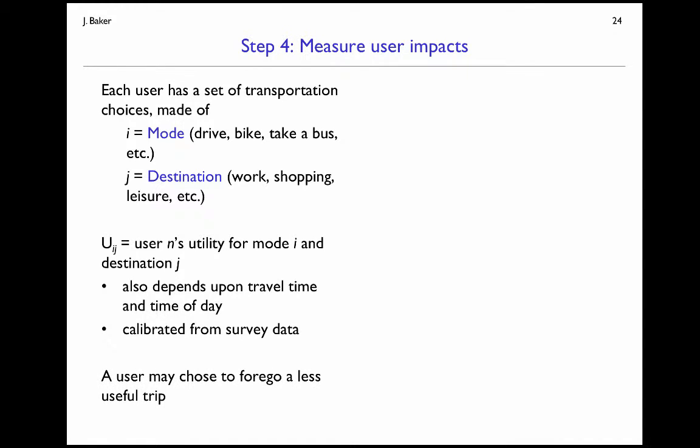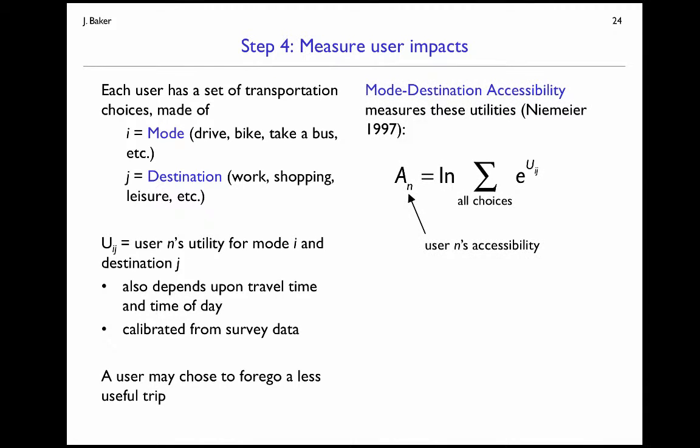A couple other notes. Depending on when the user travels, that will affect their utility. They have times of day they'd prefer to travel, but they would move to a different time if the traffic is better, or the travel times are less. And a user may choose to forego a trip if the utility gets low enough. Then there's a metric that aggregates this all up, called a mode destination accessibility.